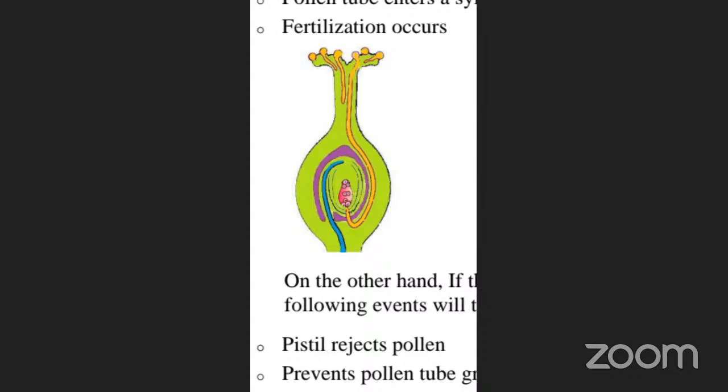That's why it is triple fusion. One fused with the egg cell is the first fertilization, and the second gamete fused with the secondary nucleus is the second fertilization. Completely, two fertilizations are over here. That's why it is called double fertilization. In the first fertilization, a zygote forms. In the second fertilization, endosperm forms.